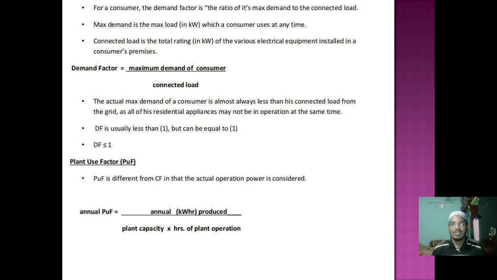Maximum demand, we can take the maximum demand from the consumer in kilowatts only, at any time. If sometimes it is in megawatts, then as per the megawatts, we first see whether it is commercial or industrial, and we have to think about whether we can produce it or not.